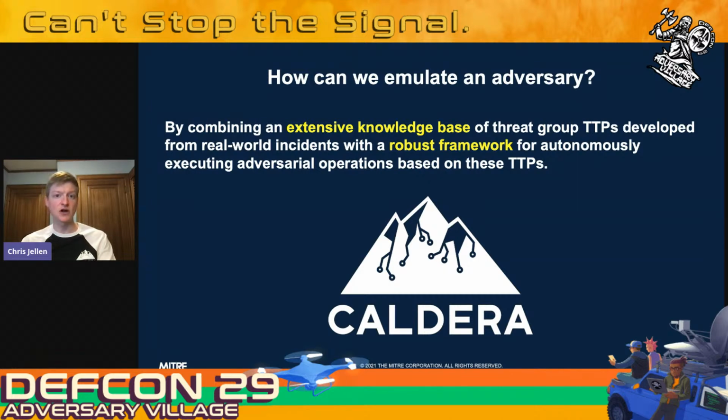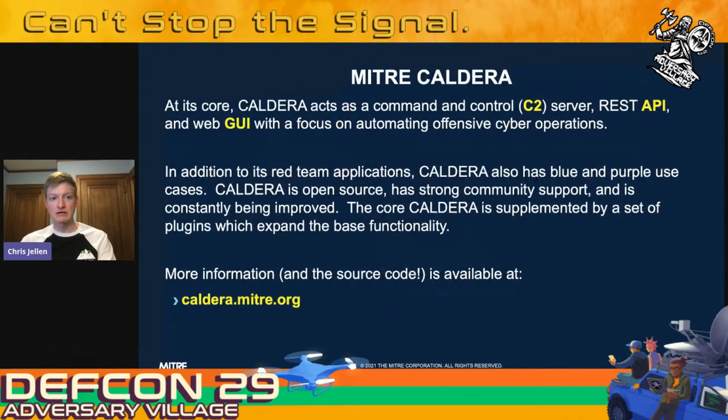Using that knowledge base, what we really want to do is emulate some of those attacks that we see in real-world networks, in real-world situations that are most relevant to security operators today. In order to do that, we need a robust framework for autonomously executing those operations and leveraging those TTPs. And that's where MITRE CALDERA comes in.